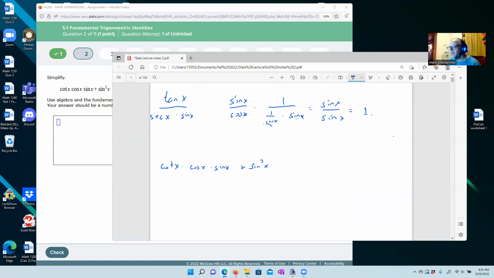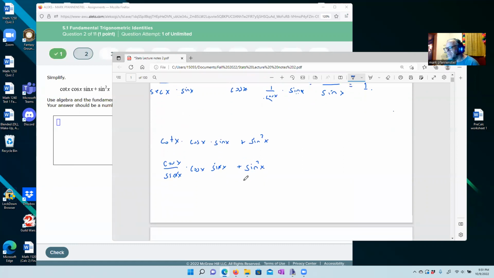What's cotangent? Cotangent is cosine x divided by sine x. We have times a cosine x, times a sine x, plus sine squared x. The sine x's cancel, because one's on the top, one's in the denominator. We have cosine x times cosine x, that's cosine squared x, plus sine squared x.